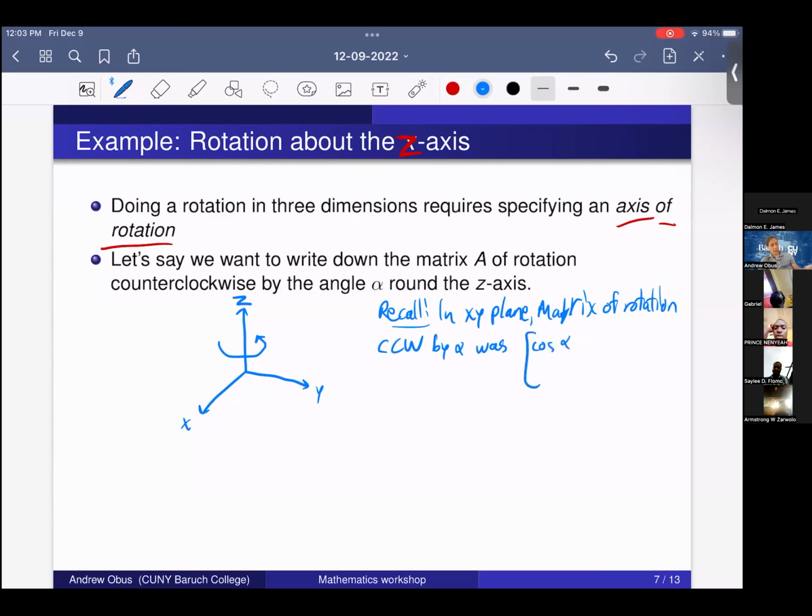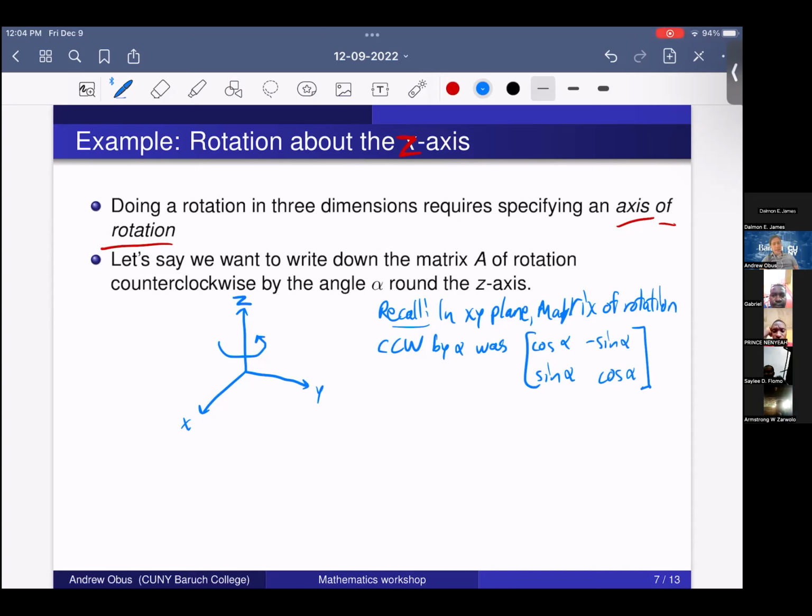It was cosine alpha, minus sine alpha, and cosine alpha. So this was our matrix of rotation.